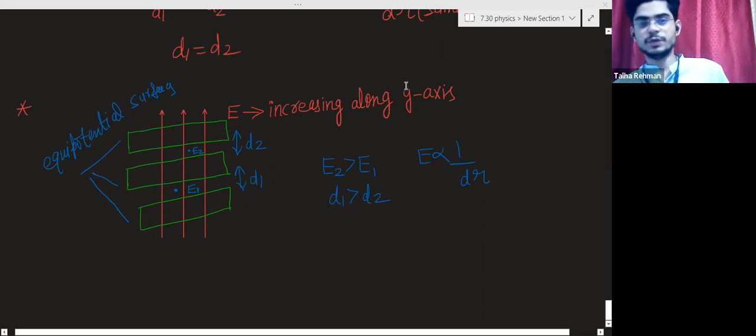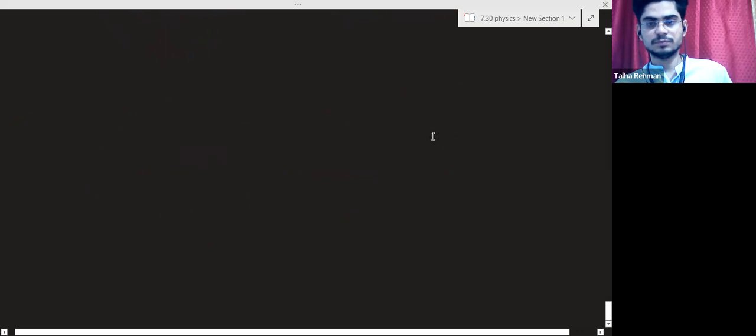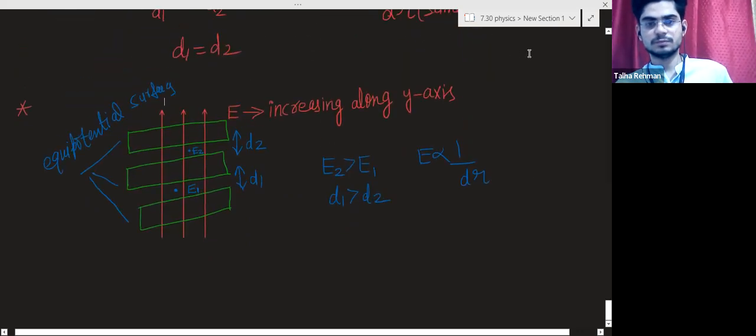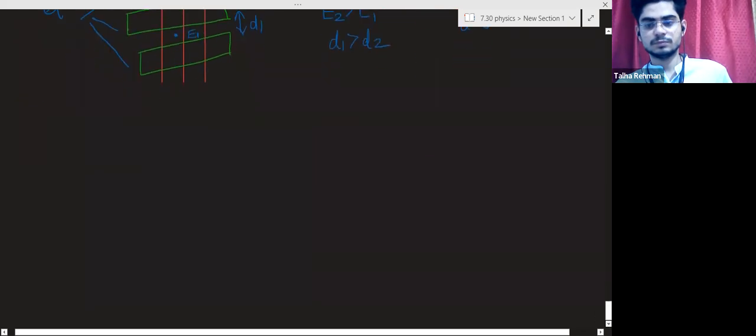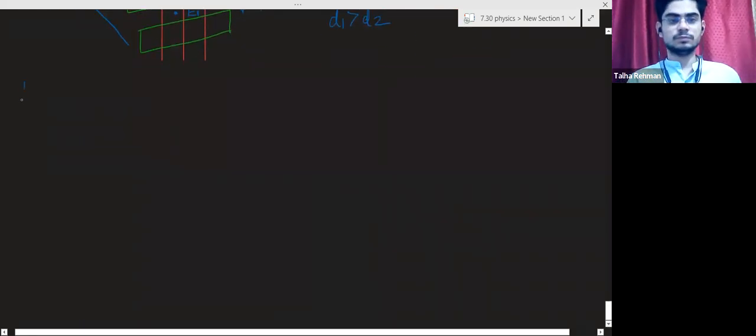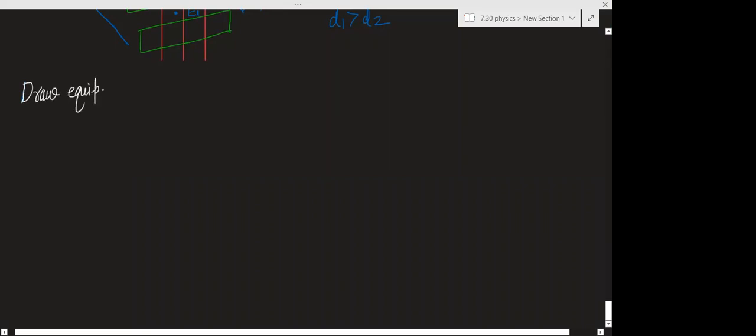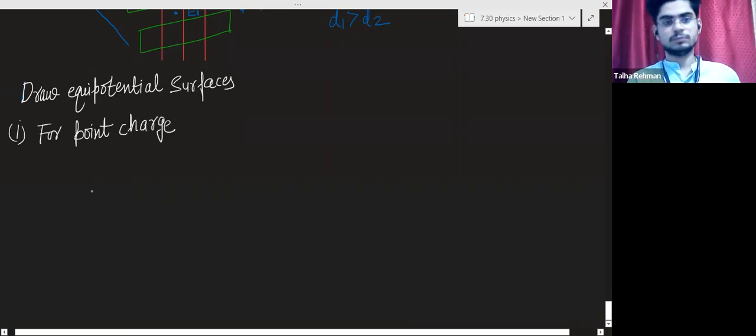So now we'll draw the equipotential surfaces. For a point charge, suppose this is a point charge.